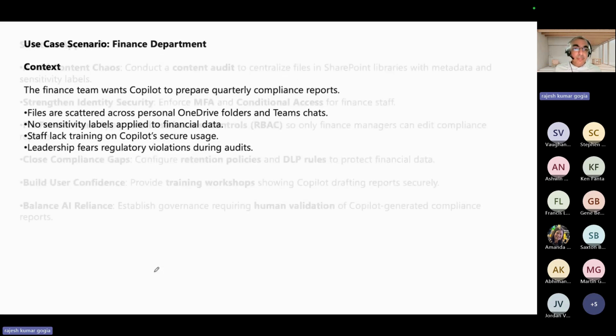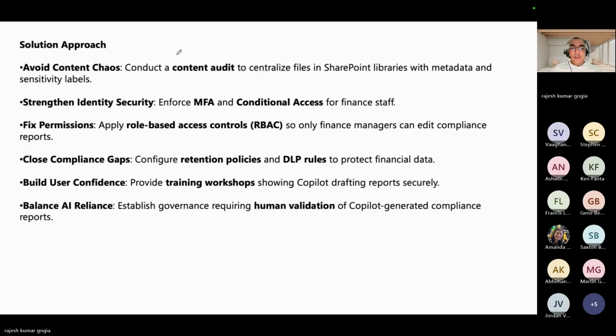So looking from that perspective itself, to avoid the content chaos, it's always good to conduct a content audit. Labeling. What labels? With the retention. Okay, how long you want to retain.